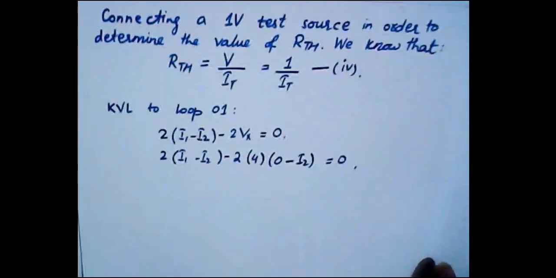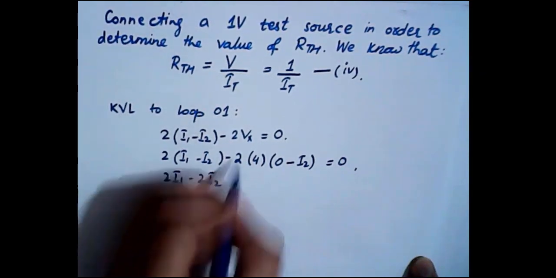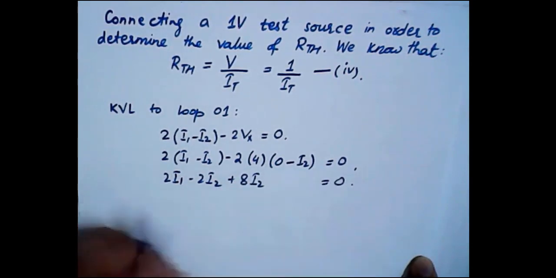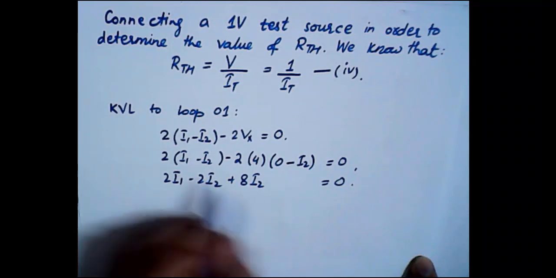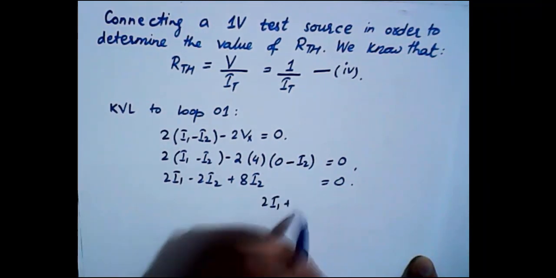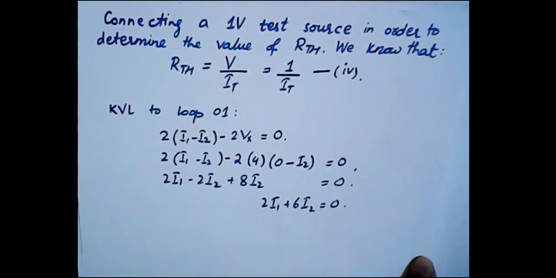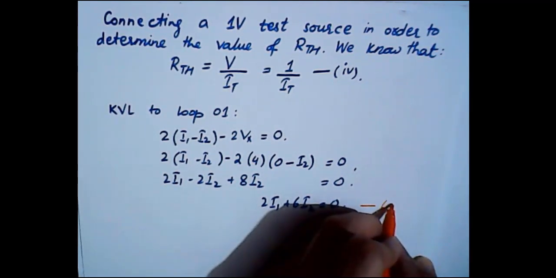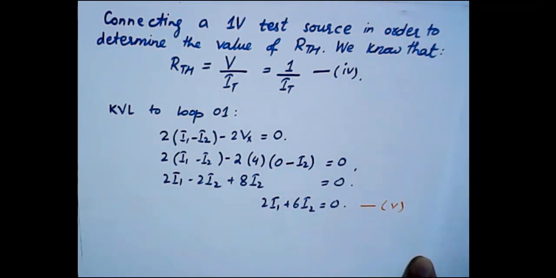So this will become 2I1 minus 2I2 minus 8 plus 8I2 is equal to 0, or we can write it as 2I1 plus 6I2 is equal to 0, and let's name this equation 5, right?